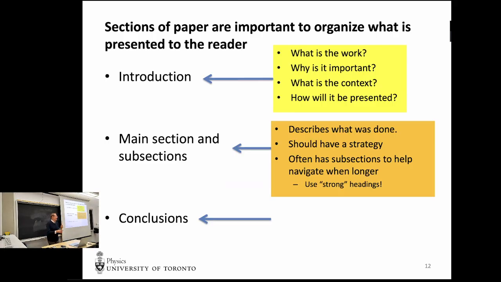There's usually a strategy for a measurement. You should make that very clear and then walk through how the strategy is implemented. It often has subsections to help navigate the topics as you go through, so that the subsections talk about specific information and steps in the process, and make it easier to read and keep track of what's going on.